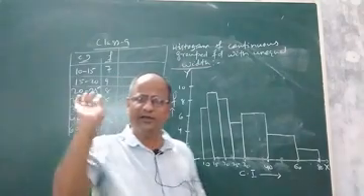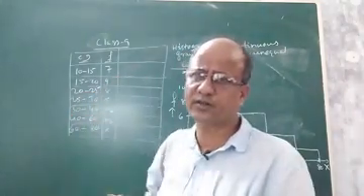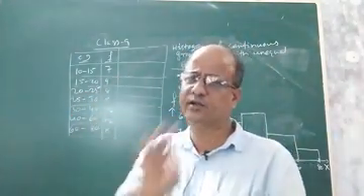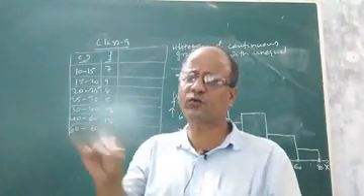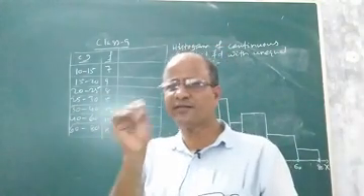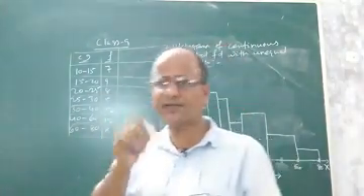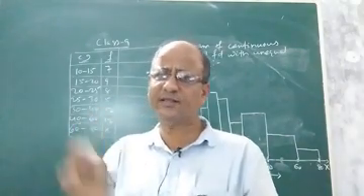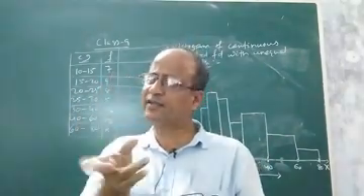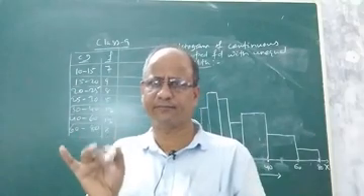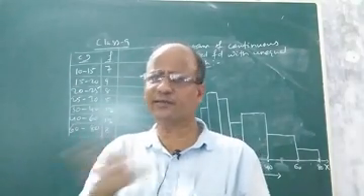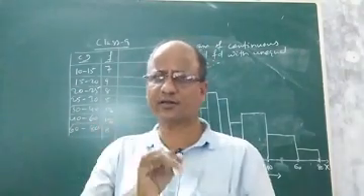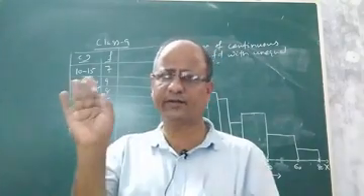That means, even though all classes are continuous, they do not have uniform width or size. Their size or width varies. Now, if such a situation arises, that means classes are continuous but the width or size of class is not the same, then how to construct the histogram? That we will discuss today.